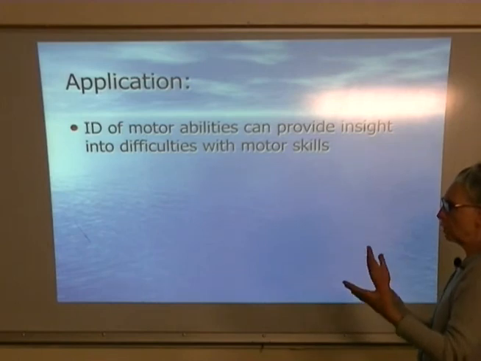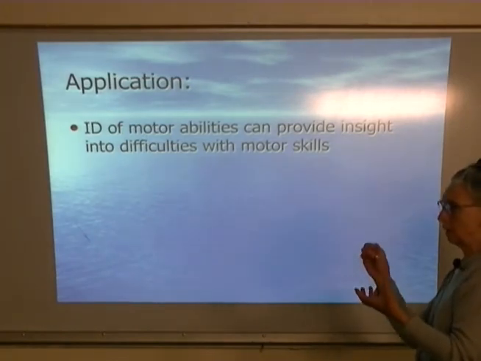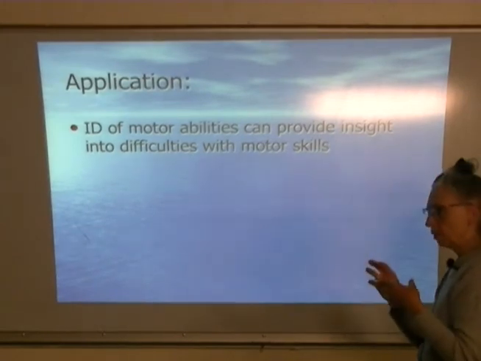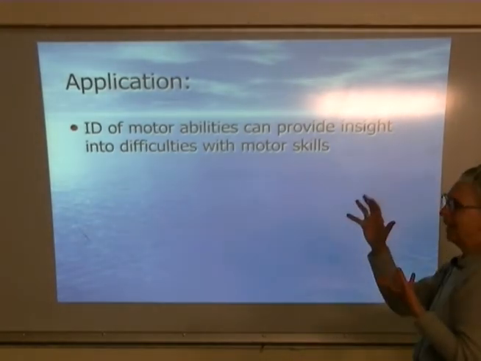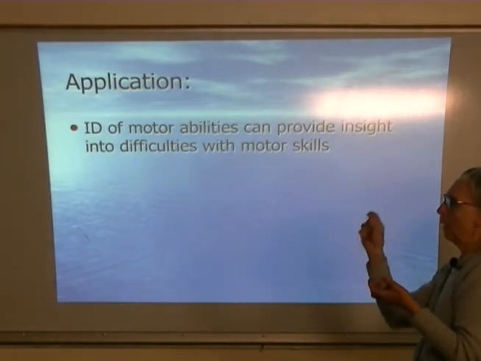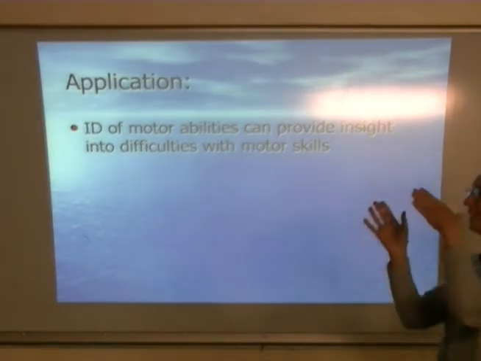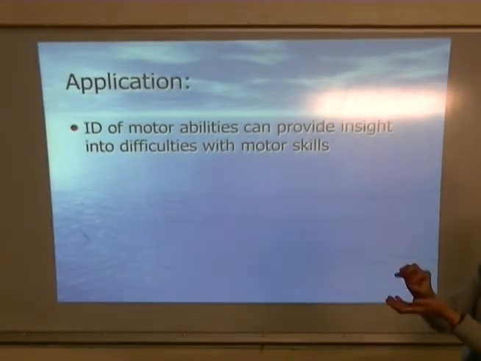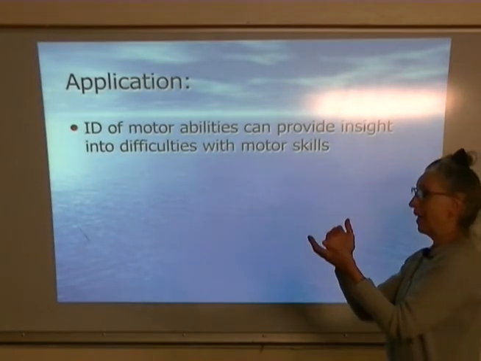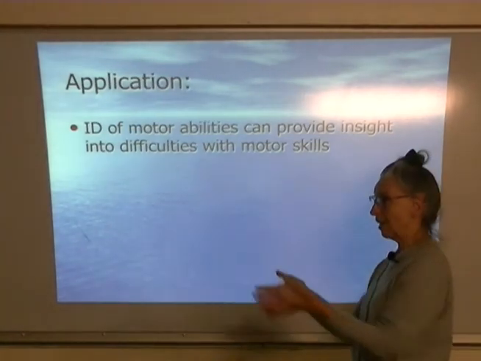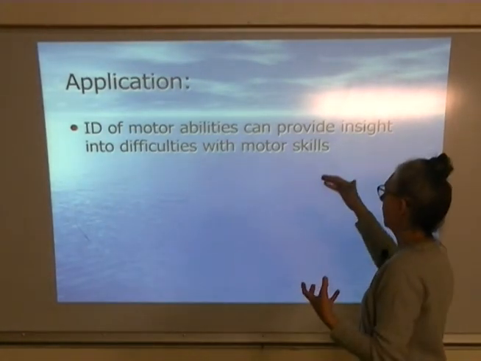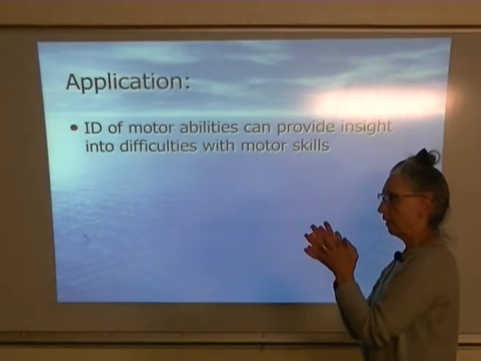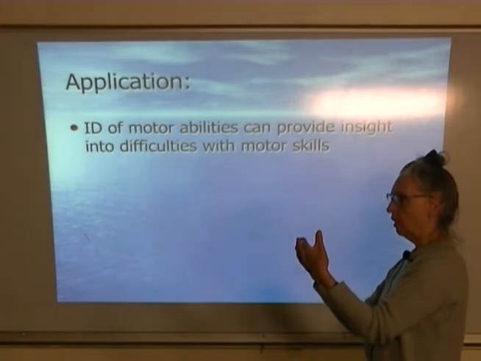If I'm watching someone who's really struggling with a particular skill, and I'm not sure why they're having so much trouble, if I can identify the correct motor ability that they're either lacking in, not that they don't have any of it, but they don't have much of it, or that they haven't reached their potential in that I could help them with, then that can explain some of the problems that they're facing.